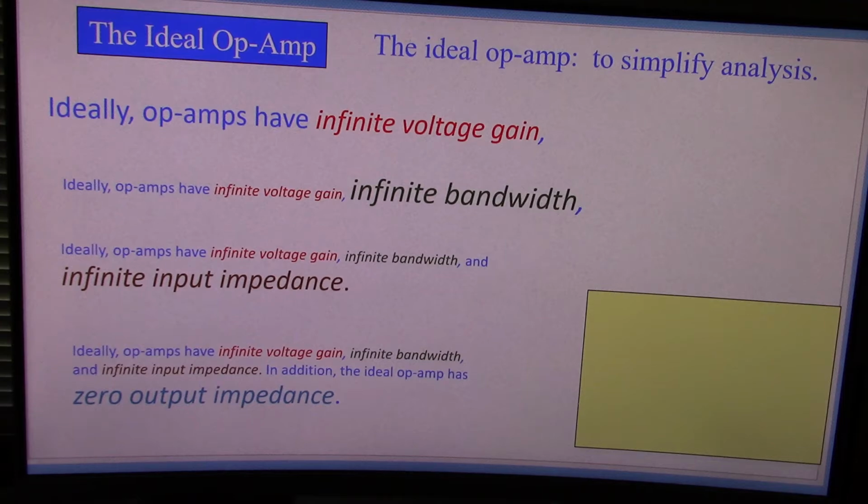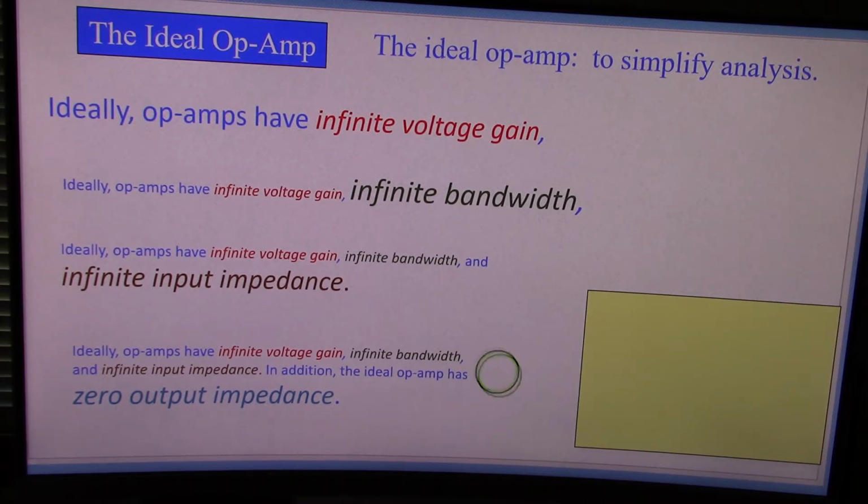And zero output impedance, why that is important, is the opposite of this one. And why is that important? Why it is important is that if you don't have zero output impedance, that means the device itself has high impedance, which means the power dissipation of the device is high.